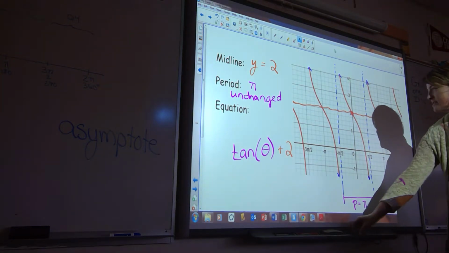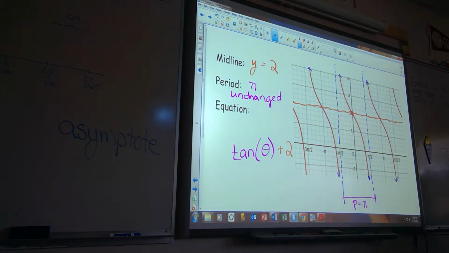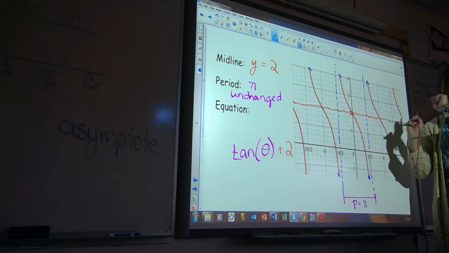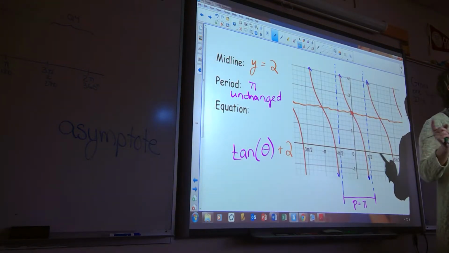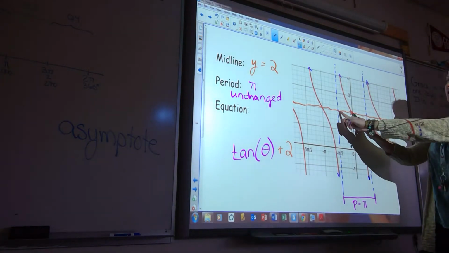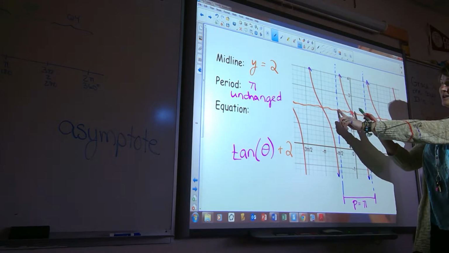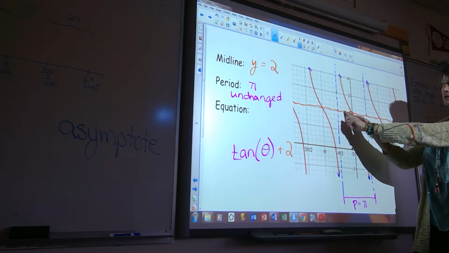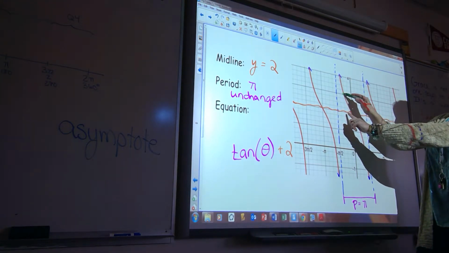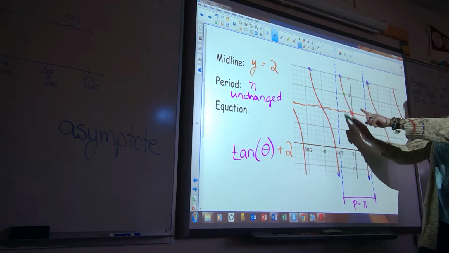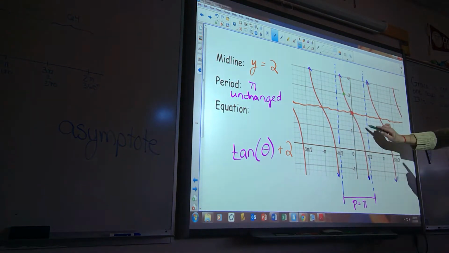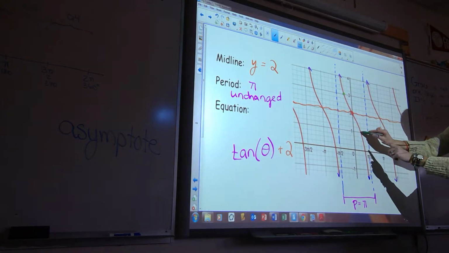And then lastly, let's see about our amplitude. Now, notice this one doesn't have the 3 points plotted. If they're not plotted, it's going to be up to you to read the graph carefully. So read it and go, okay, I need to find a place halfway between this point and this asymptote. And that point is right there where the curve hits that midpoint. And then over here, halfway between, the curve hits it right here.